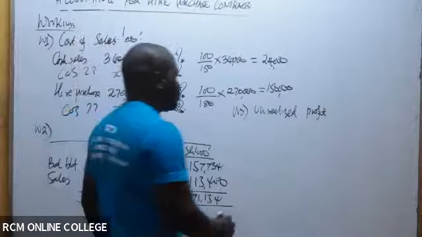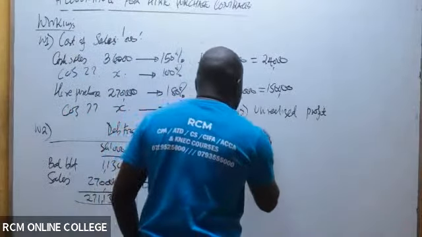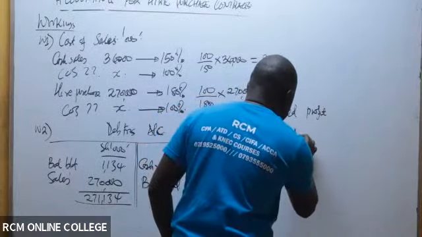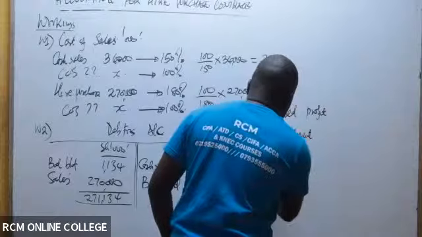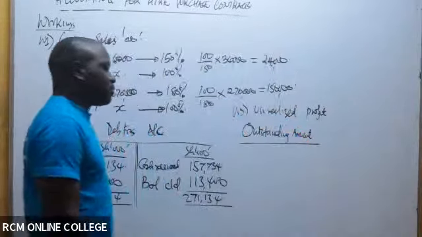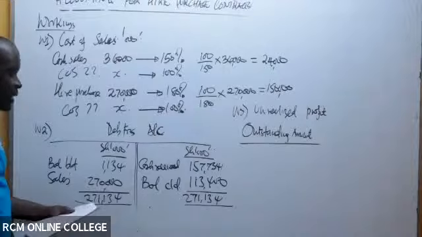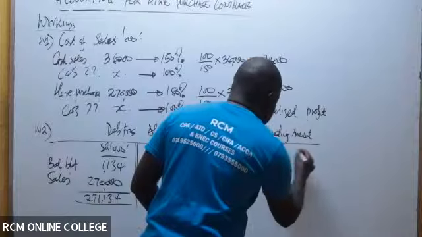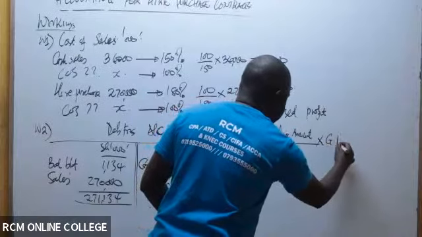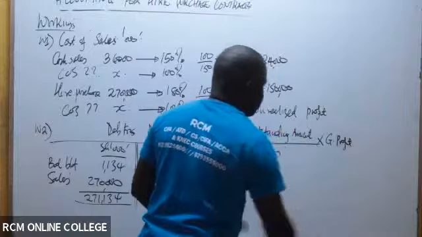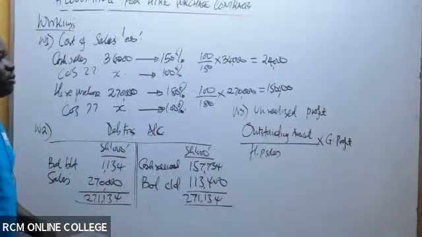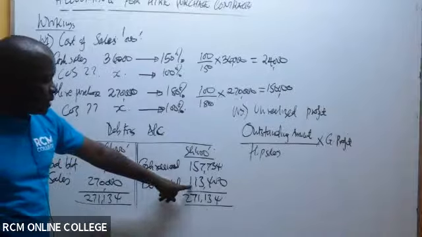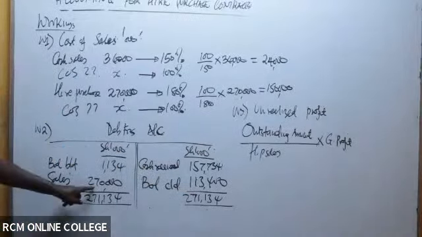Nilikuwa nimewaambia unrealized profits in this case, you take the outstanding amount from these debtors, you divide by the hire purchase sales, then you multiply by the gross profits. So the outstanding amount by the end of the day is 113,400. The hire purchase sales is 270.